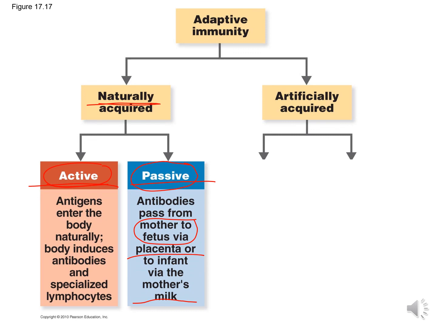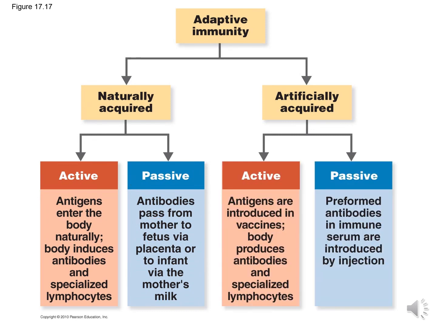For artificially acquired immunity, it can be active or passive. Artificially acquired active immunity means that we are injecting antigens into the person's body to activate that person's own lymphocytes and generate memory. And an example of this is vaccination.